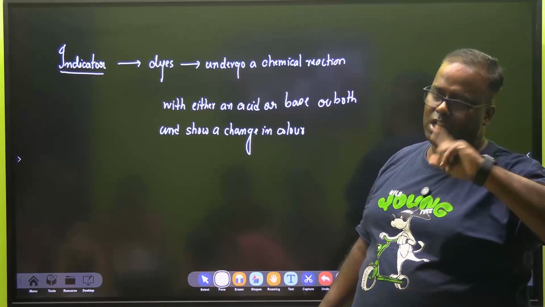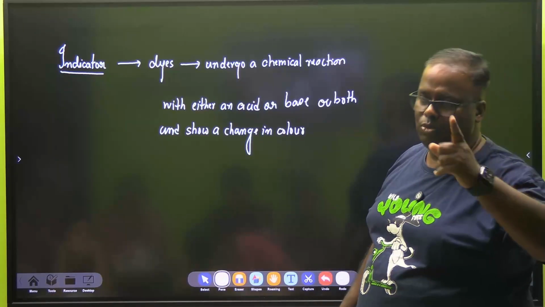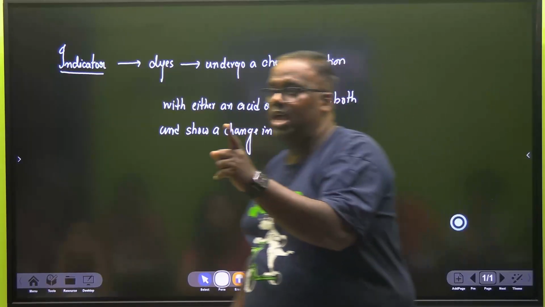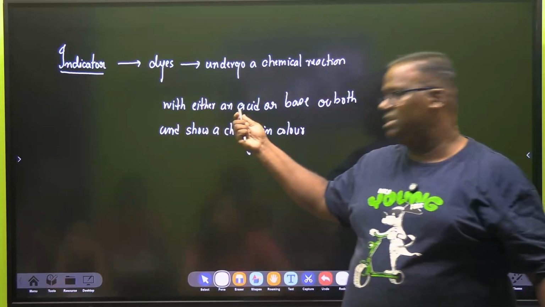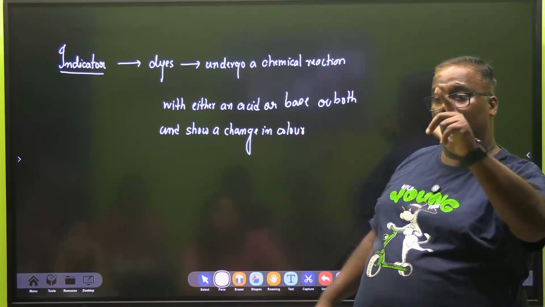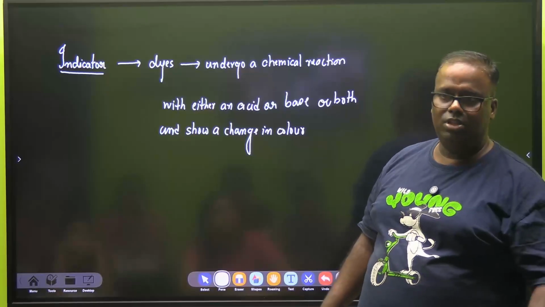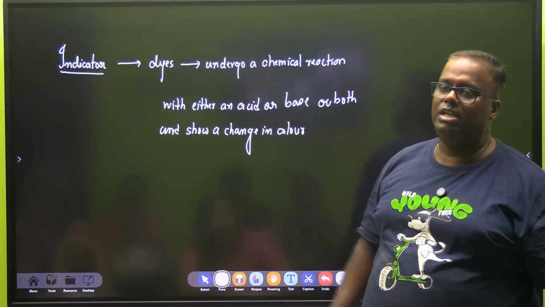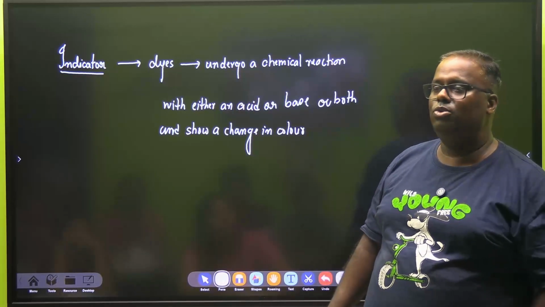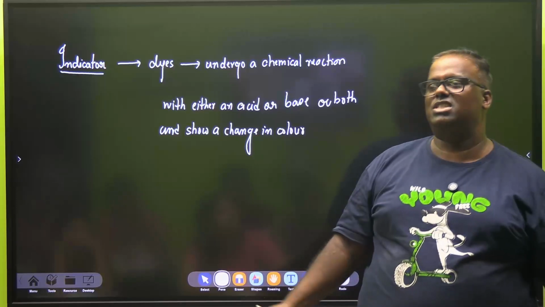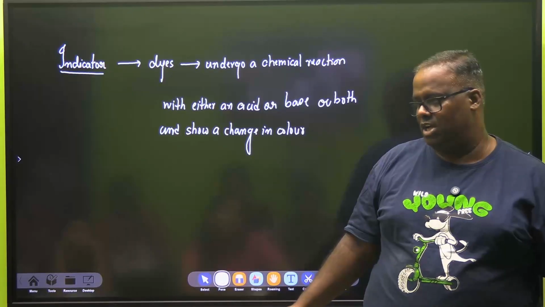Some indicators may react with both, some indicators may react with only one. But for each reaction with each of these, either acid or base, it will show a particular color. And based on that color, we can use it as a standard tool for testing an unknown chemical, whether the chemical is an acid or a base. I spoke a lot of words. I hope I made some sense.